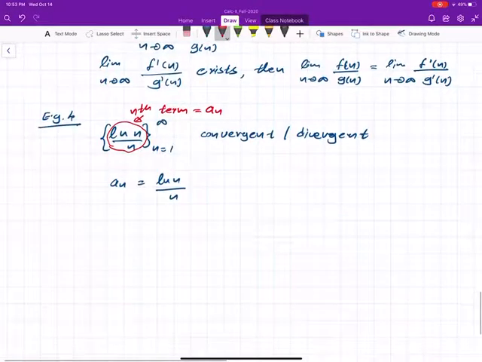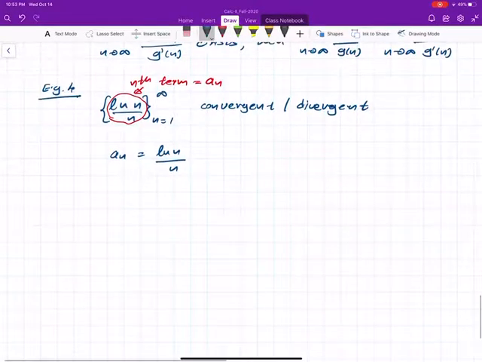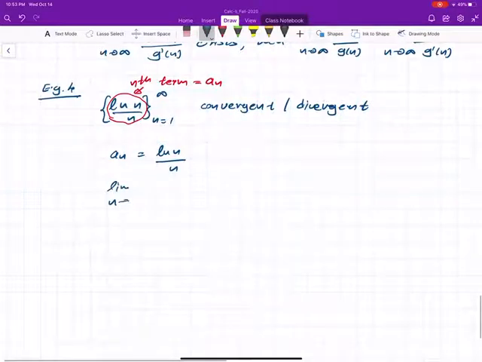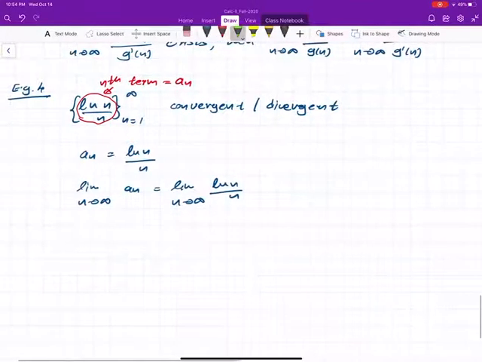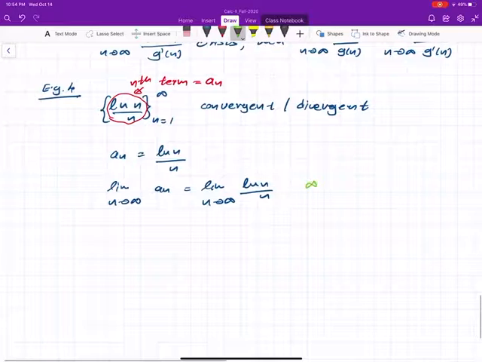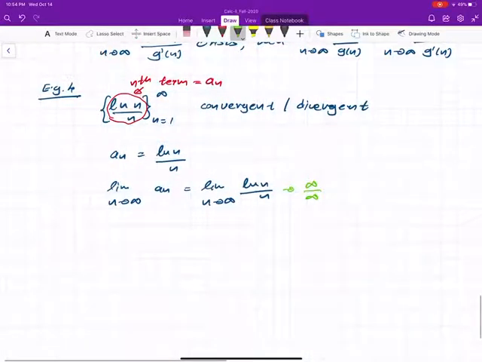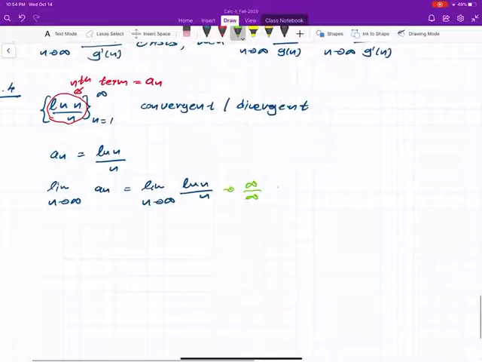So you take the limit of the nth term: limit n goes to infinity of a_n equals limit n goes to infinity of ln n over n. Now if you apply the limit, when n goes to infinity, ln n goes to infinity, and this n goes to infinity. So this is indeterminate.